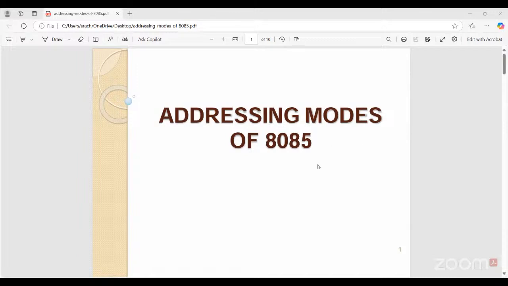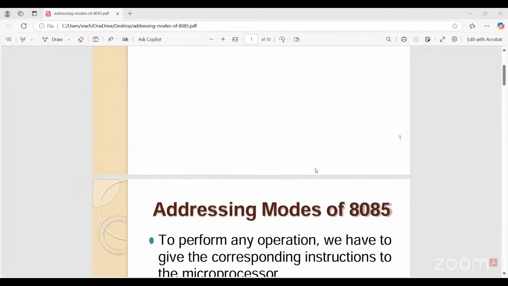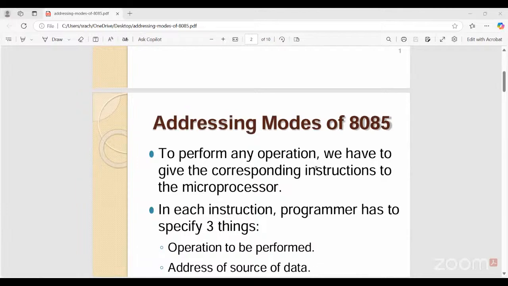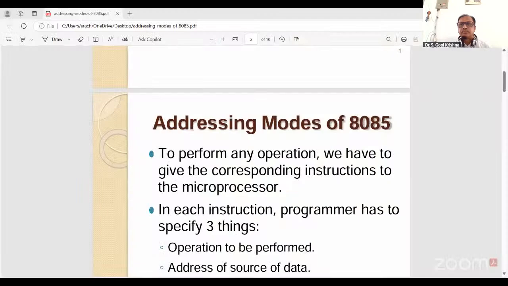So now to start with the addressing modes of 8085, to perform any operation, we have to give the corresponding instructions to the microprocessor.